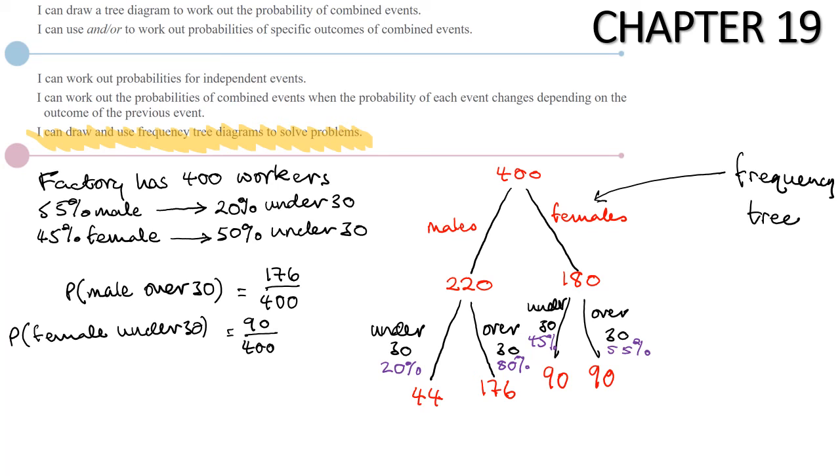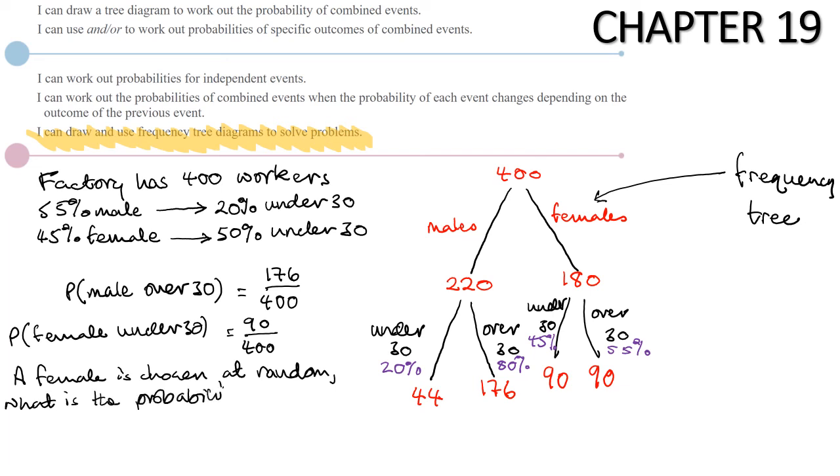And let's say I had something like this, where I'm just looking at the females, for example. So a female is chosen at random. Okay, what is the probability they are under 30?